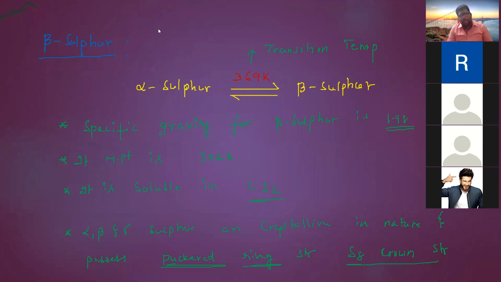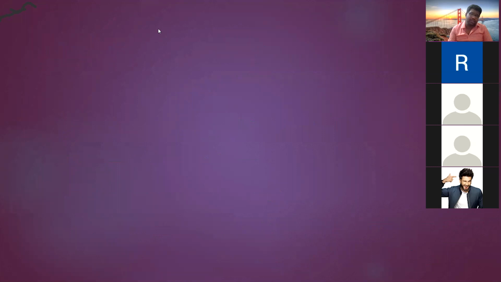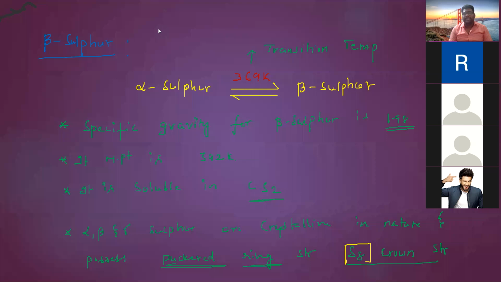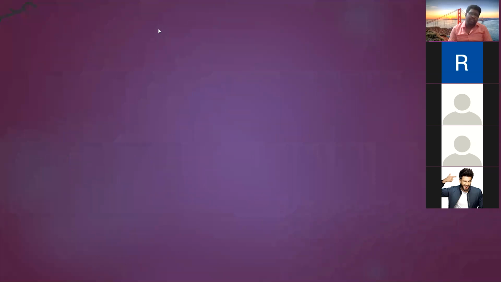Can I go for the next slide? Okay, so what is the puckered structure? It is S8, already said, in the form of a crown. S8 means eight sulfurs. So here one sulfur, one more sulfur, another sulfur and another here. Four sulfurs are over, and next five, another one here and another here, total seven and eight.